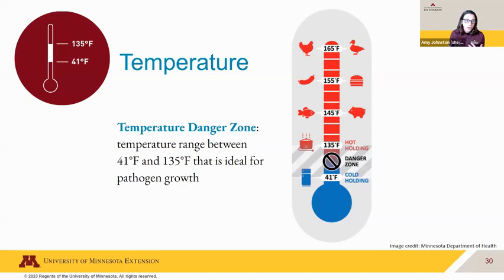And so all of these strategies are to minimize the time food spends in the temperature danger zone. So the temperature danger zone is the temperature range between 41 and 135 degrees Fahrenheit that is ideal for rapid pathogen growth. That is their sweet spot.